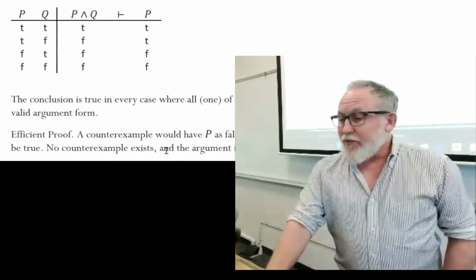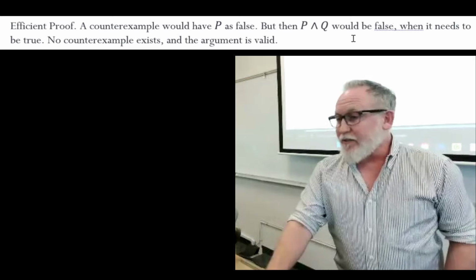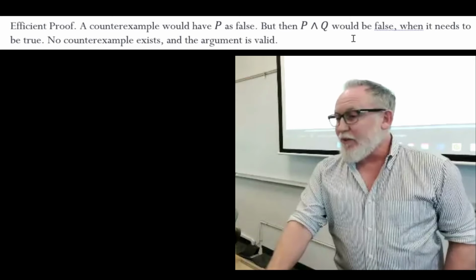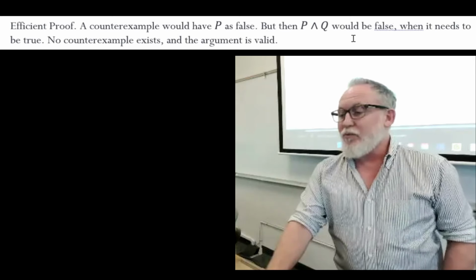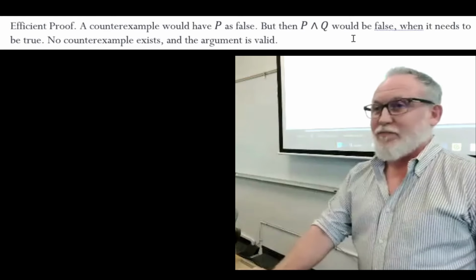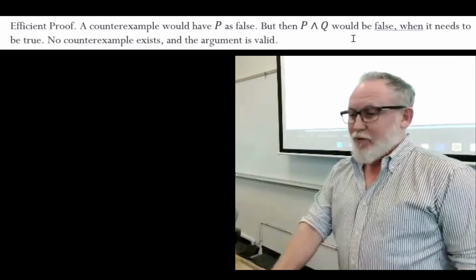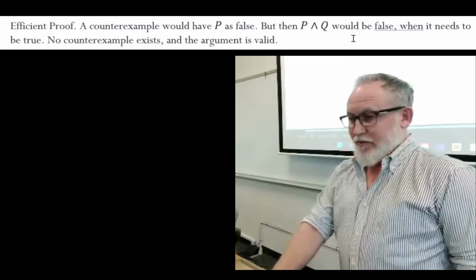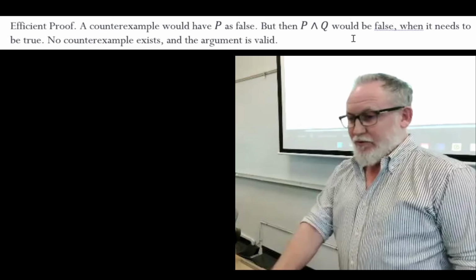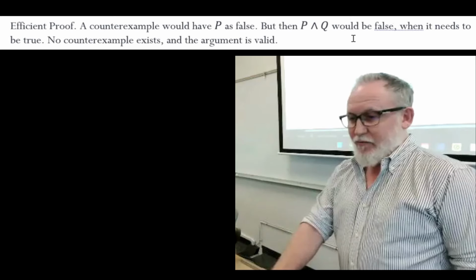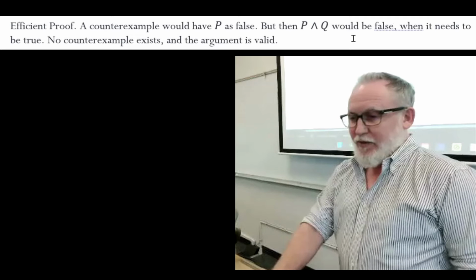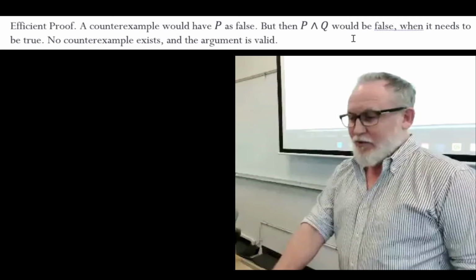We could do an efficient proof. The counterexample would have P is false, but then P and Q would be false, right? A counterexample would have to have P false, right? Whatever the conclusion is, it has to be false, and the premise has to be true.